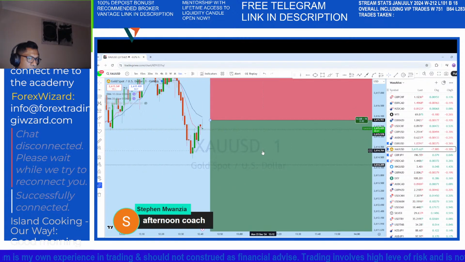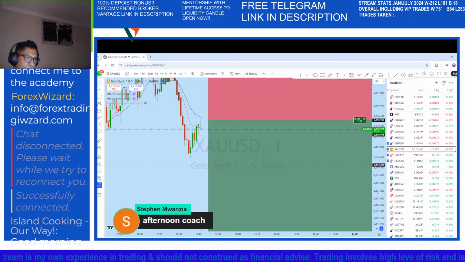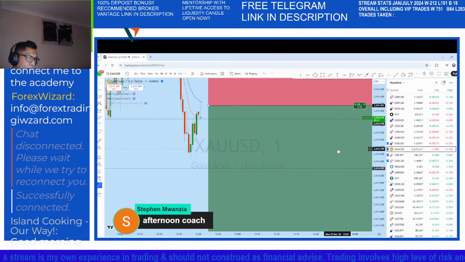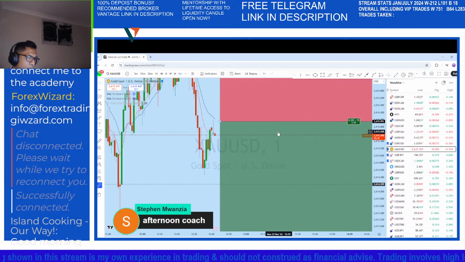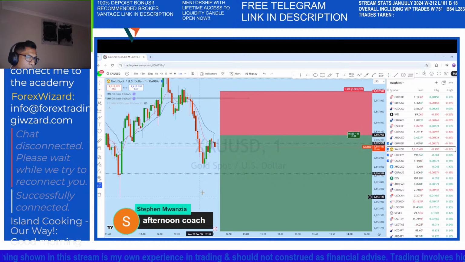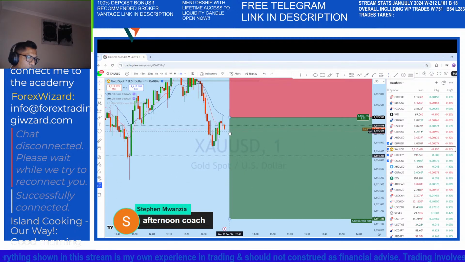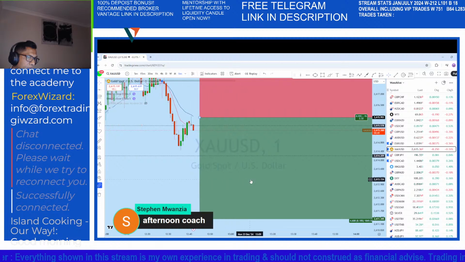So there is a long wick rejection. Very long wick rejection, and wanting to see that it's melting in that direction.